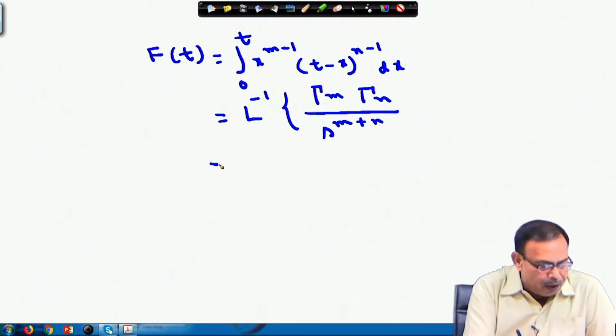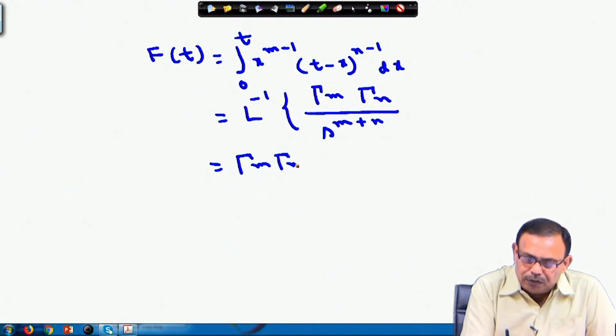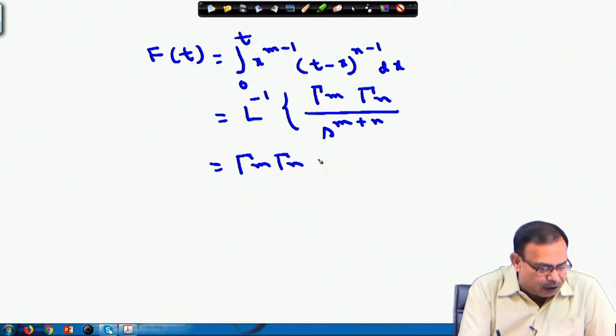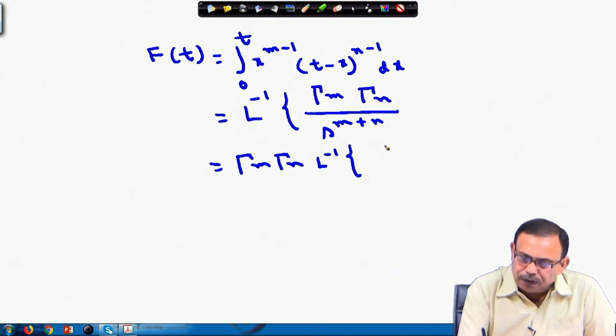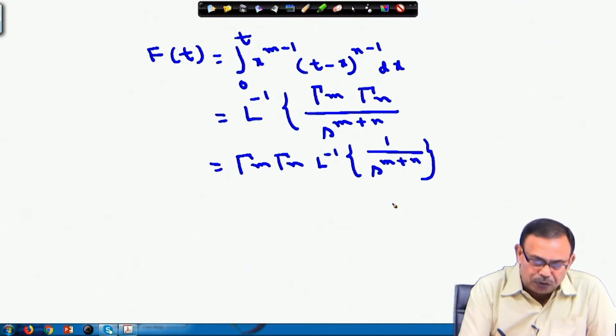So, this gamma m and gamma n you can bring outside, and you can write it as Laplace inverse of 1 by s to the power m plus n, whose Laplace inverse is known to us.